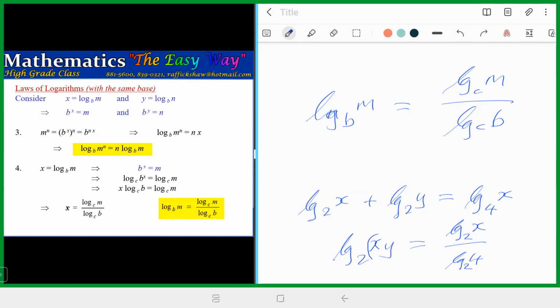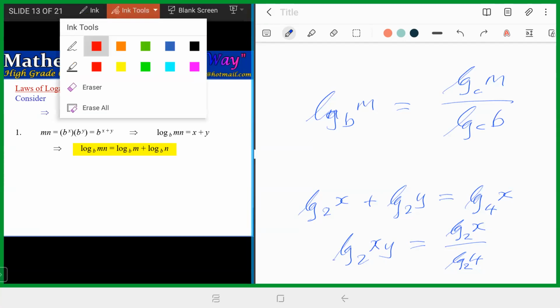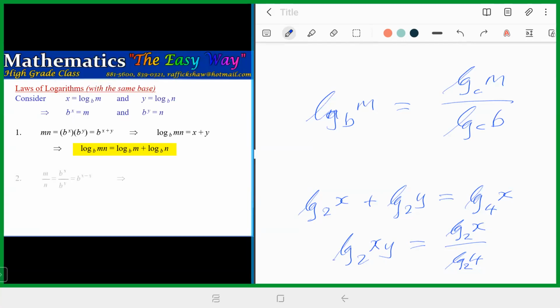So we multiply it here, so that's the first law. The log of a sum equals the log of the product. We just applied the first law a while ago, and now we're going the other way with the first law.